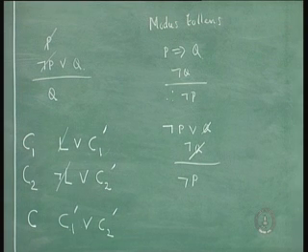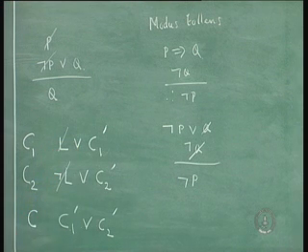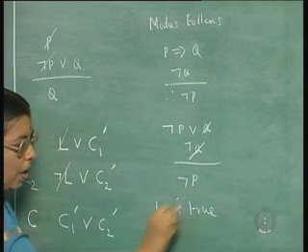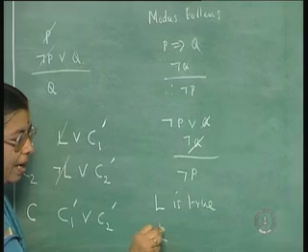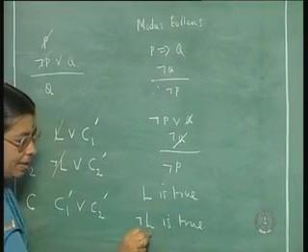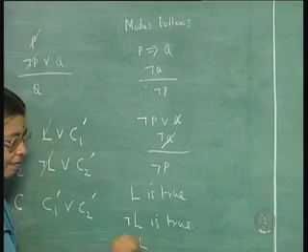That is what we want to show. Now, the premises are true, say. Then there are two possibilities, either L is true or not L is true. That is, not L is true is equivalent to saying L is false.